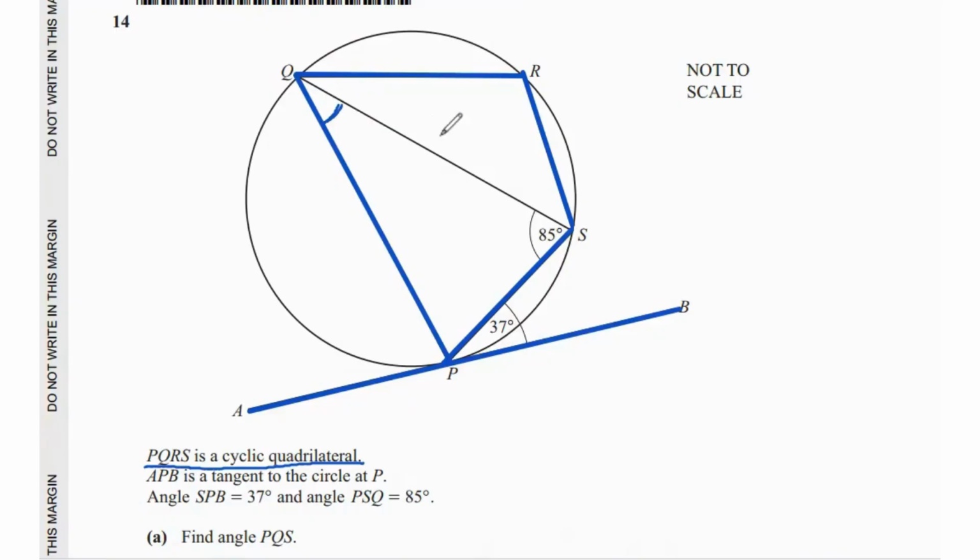This angle. Okay, so if you notice, QSP is a triangle and all three vertices of the triangle are touching the circumference of the circle, which means we can use the alternate segment theorem to solve this triangle.